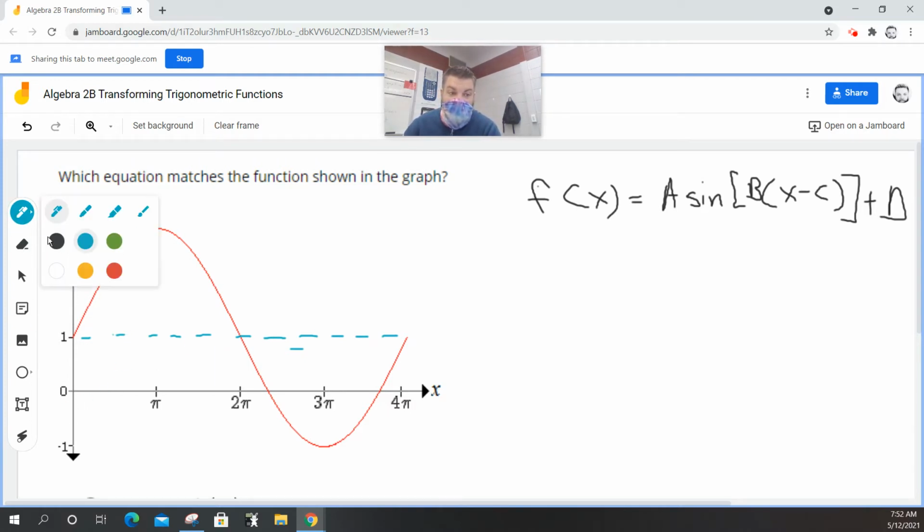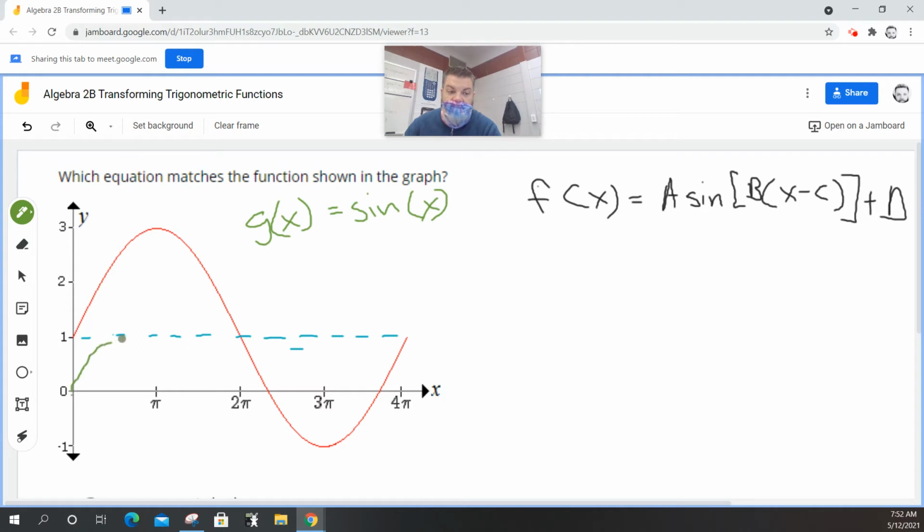So what does the normal sine function look like? Well, if I were to say g of x equals sine of x, the parent function, it goes from -1 to 1 and it has a period of 2 pi.